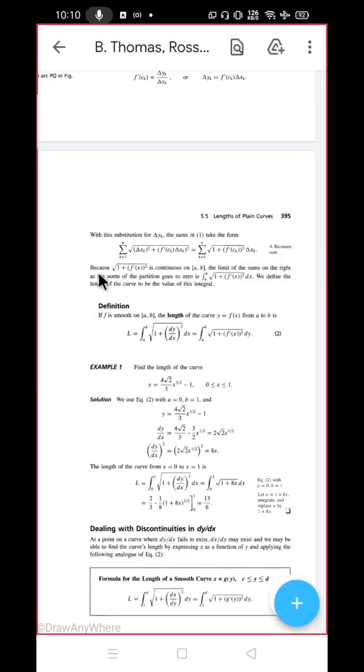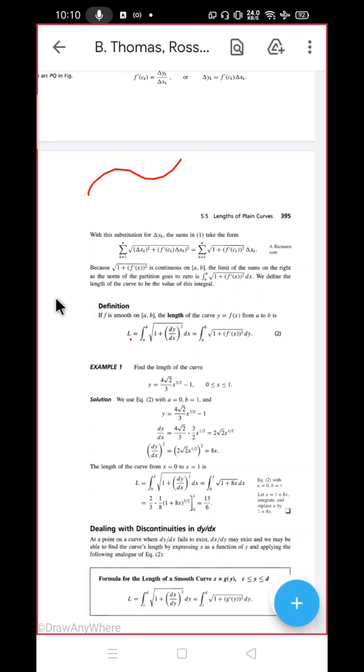So now we want to find the arc length of a curve. Remember, in SyBSc you are just given the formula directly. In TYBSc we are going to learn how this formula came. We will be proving this. If f is smooth on [A, B], and you already understand the definition of smooth, then the length of the curve y equal to f of x from A to B can be found by this formula: L is equal to the integral from A to B of square root of 1 plus (dy by dx) the whole square.